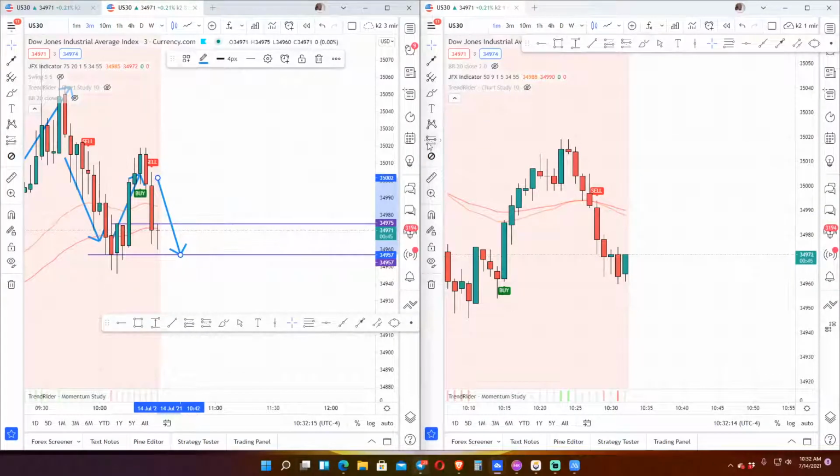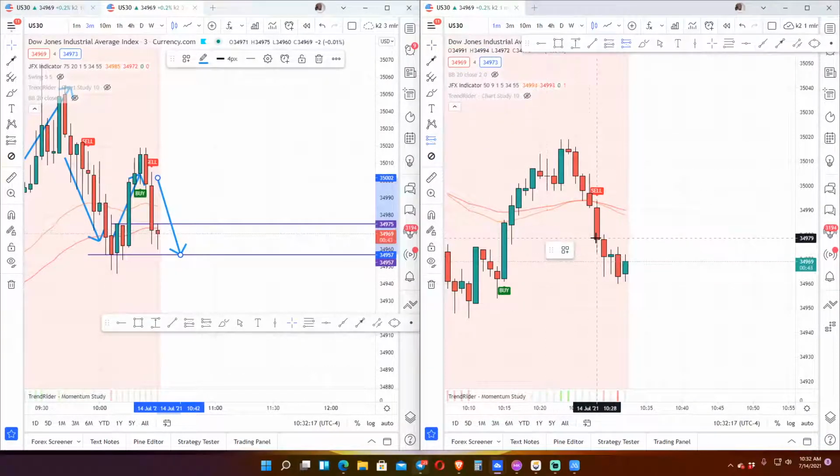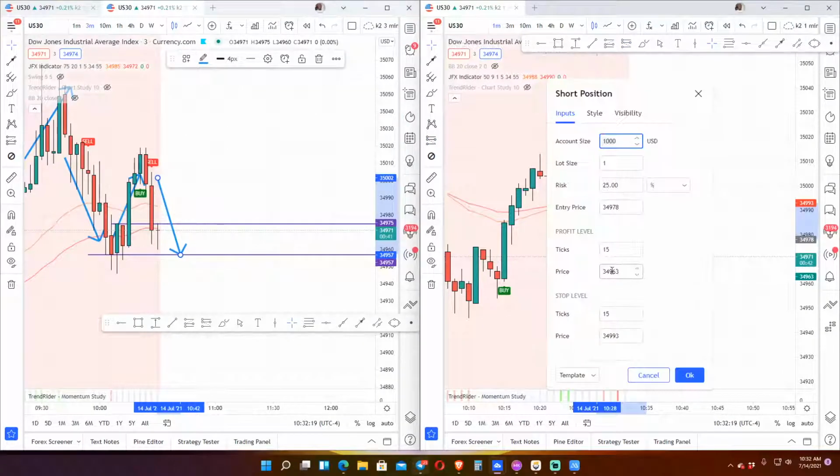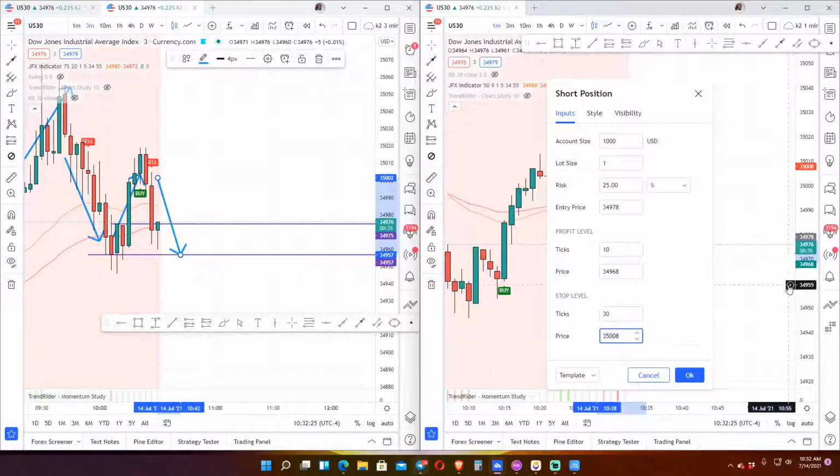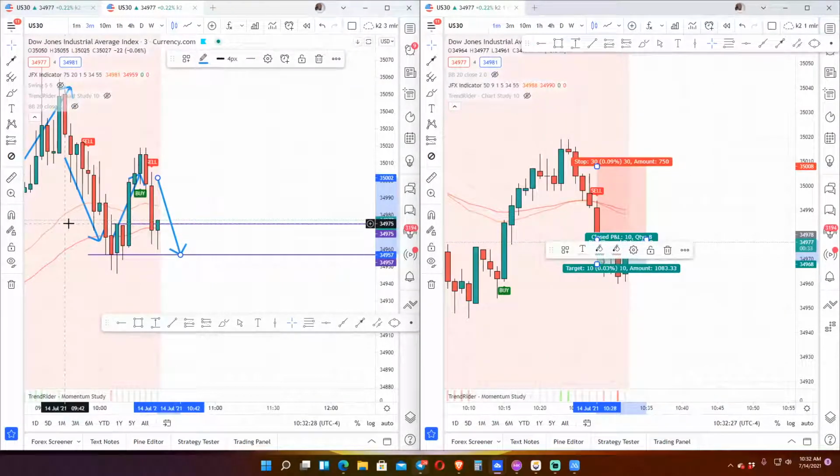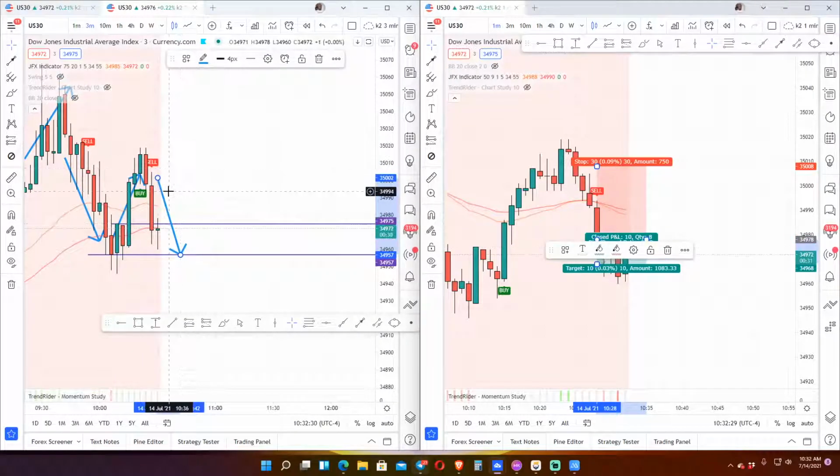But this right here on this 1 minute could have been a pretty good scalp here. But we didn't catch that. Which is fine because like I said, look, see what I'm talking about here? See how price is going back up again? So yeah, I might not trade no more the rest of the day.